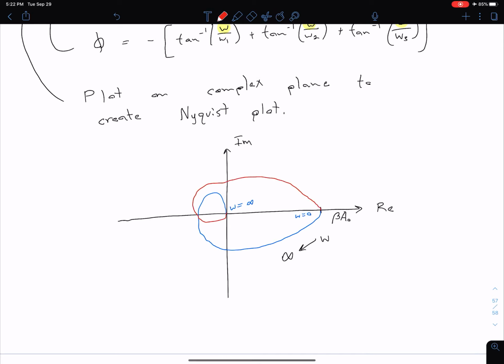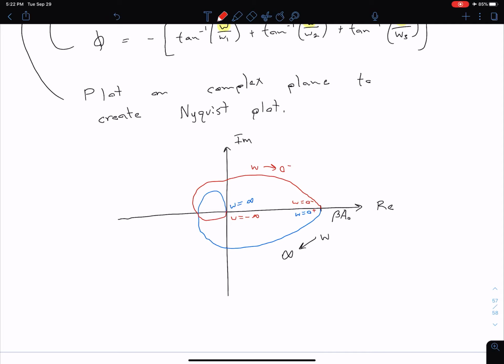I've done a pretty poor job, but basically it should be this blue curve just mirrored up. And so here we're starting at a value of omega equals negative infinity, and we're going up to a value of omega equals 0, right below 0. So here our omega is moving towards 0. Again, don't worry too much about the negative frequency.